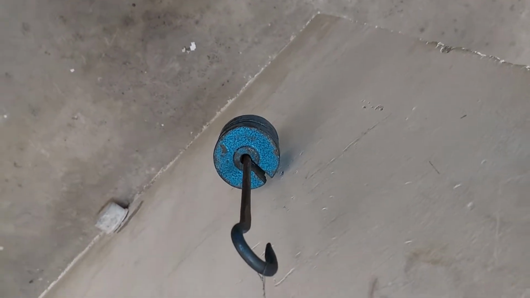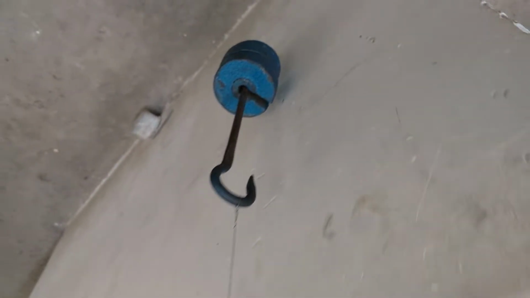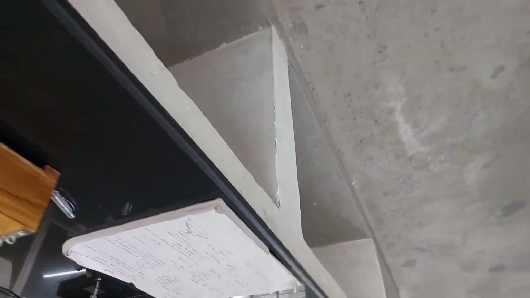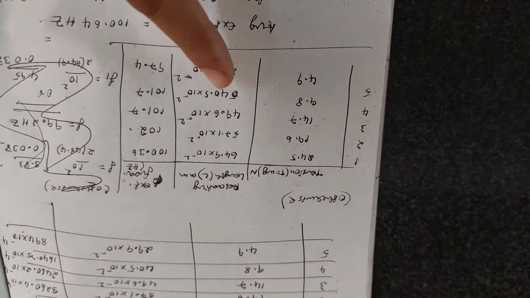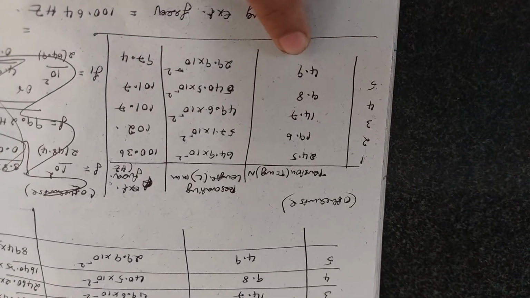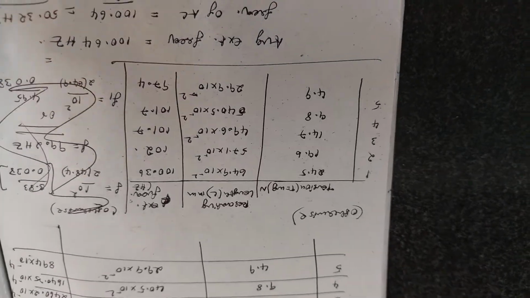You can see that each slotted weight is 0.5 kg, and there are 1, 2, 3, 4, 5 slotted weights, so it's 2.5 kg, and 2.5 kg into 9.8 will give me 24.5. Like that you have to do the observations for 5 more tensions by removing each slotted weight every turn.